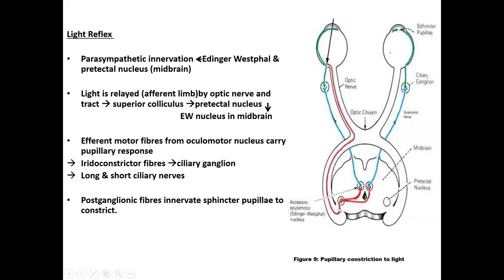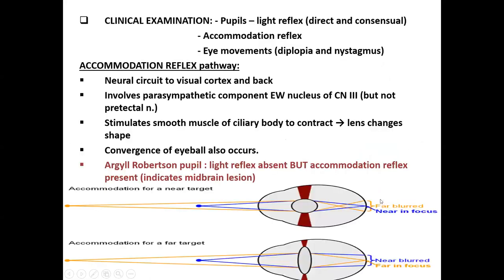Once the sensory fibers come to the midbrain, they are connected to the Edinger-Westphal nucleus and the pretectal nucleus, from which the motor limb goes out through the oculomotor nerve to the ciliary ganglion, and from there to the respective muscles. That is the light reflex, which causes the pupil to constrict when light enters.